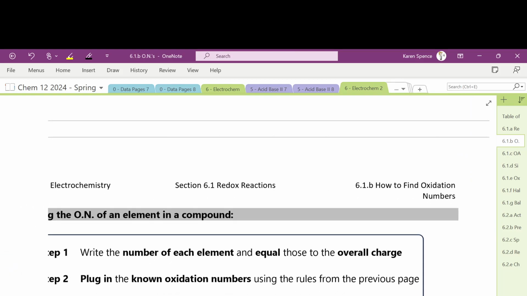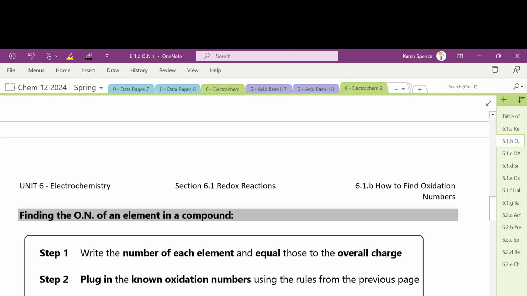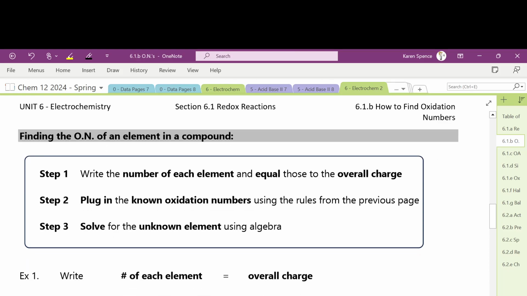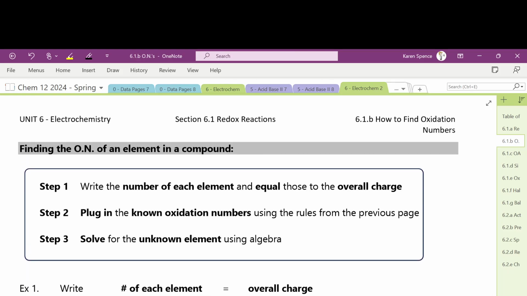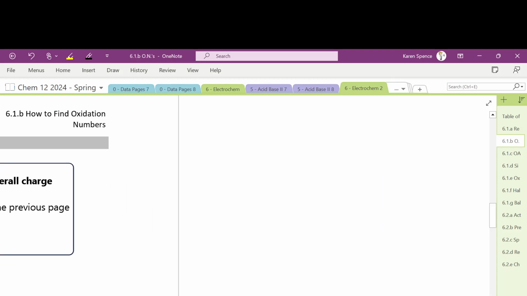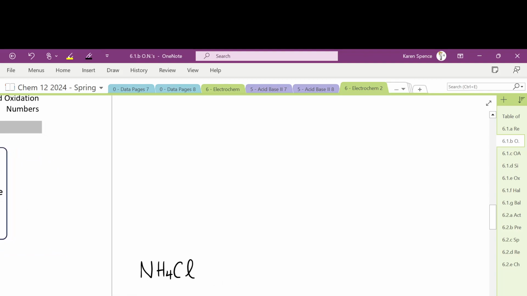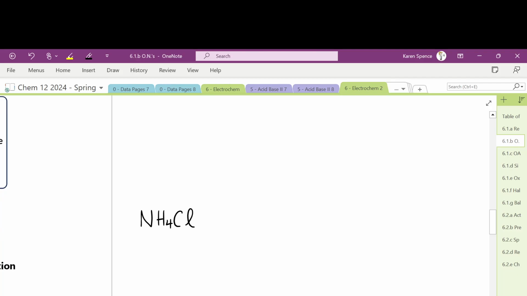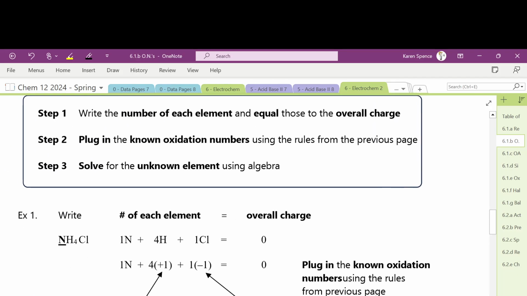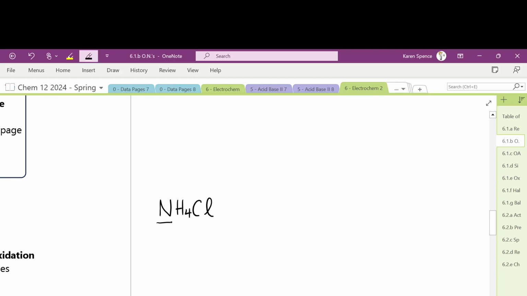All right. So finding the oxidation number of an element in a compound. We're going to have NH4Cl. And I'm going to do it over here. If you would like to work through it with me, you can grab yourself a piece of paper, or you can follow along in the book. It doesn't matter to me. And we are looking for the oxidation number of the N. Okay?